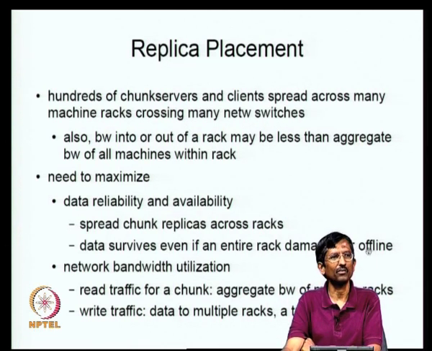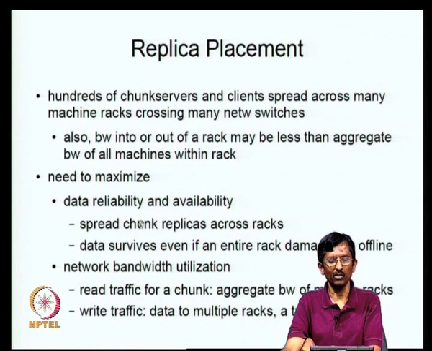In real big systems, typically there are many correlated failures. For example, in spite of redundancy and whatnot, one power supply can be problematic and the whole rack might be powered down. In that case, if you do not spread your chunk replicas across racks, your availability is compromised seriously. That is why it has to be done across racks.